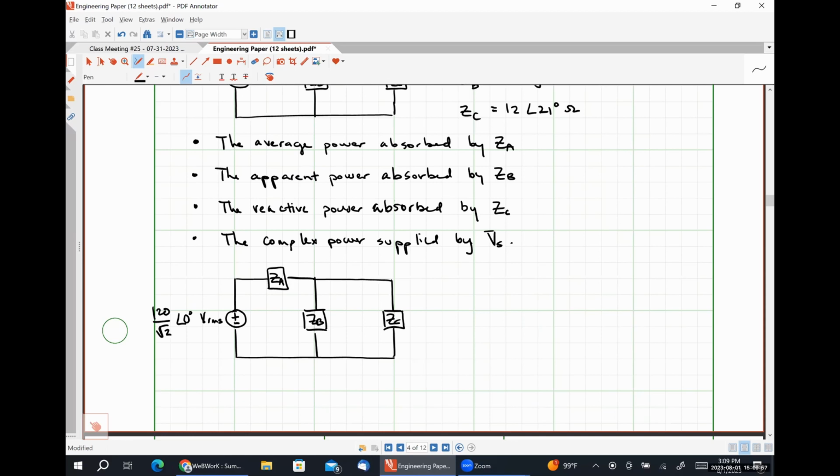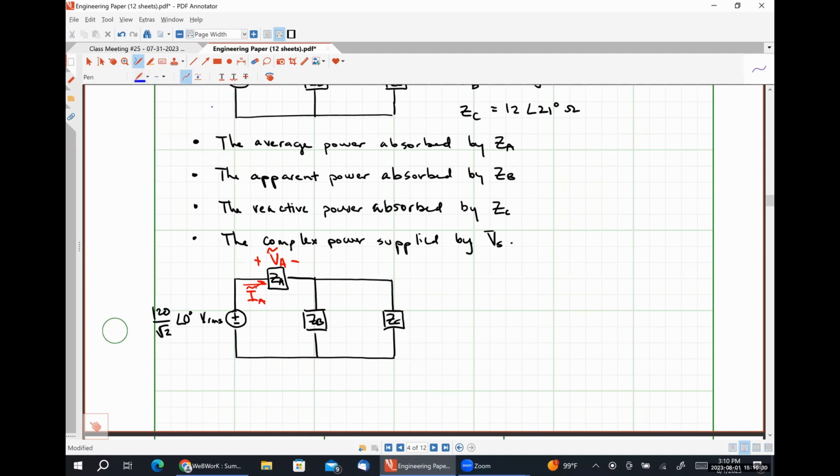So in order to calculate the complex power absorbed by impedance ZA, we are going to need to know the RMS phasor voltage drop across ZA, VA, which I'm choosing with positive polarity on the left for no real reason, and the RMS phasor current flowing through impedance ZA, which I'm going to call IA, like so.